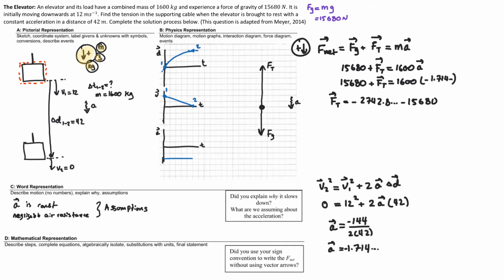And when I put everything into my calculator, I will get 18422 dot dot dot and a negative value.